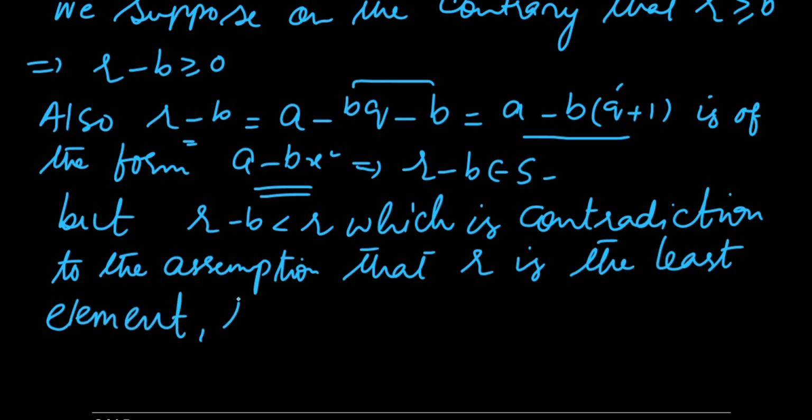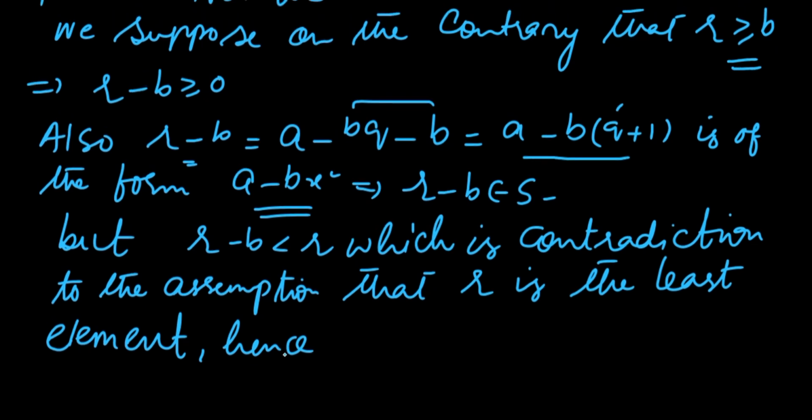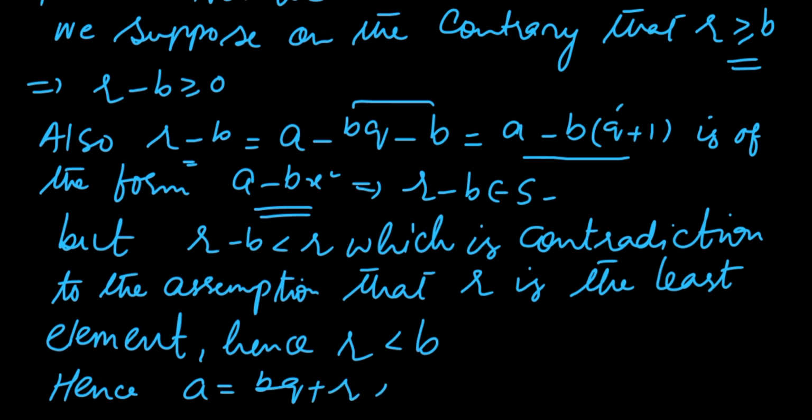Hence, R is not greater than or equal to B. This shows R is less than B. Hence, the form A is equal to BQ plus R holds when our R lies between 0 and B.